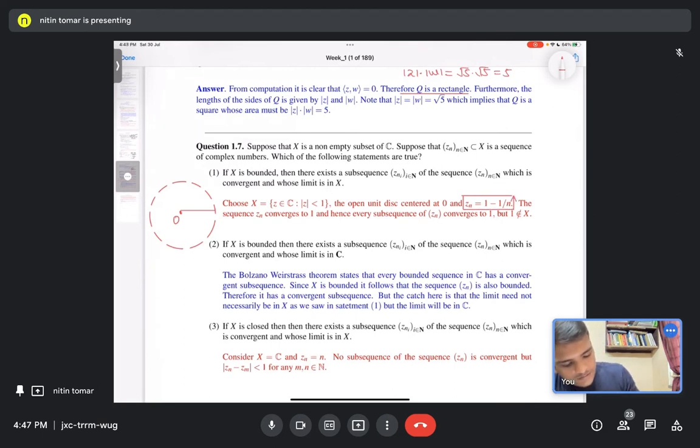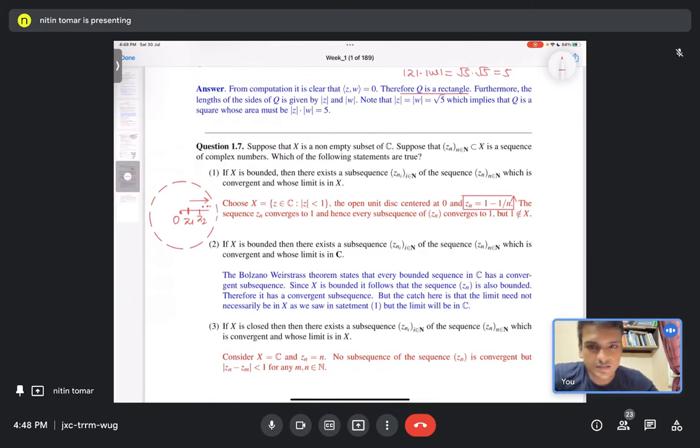So Z1 will be here, Z2 will be there, and so on and so forth. It will go like this. So it will go towards 1. So the sequence Zn converges to 1.